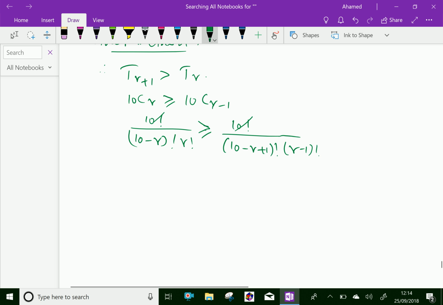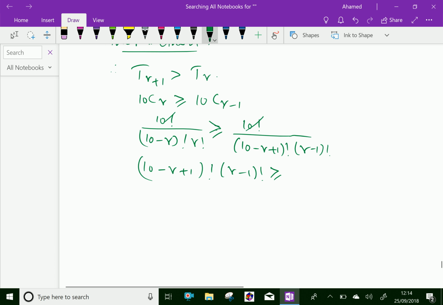Because it is in the denominator, the greater or equal sign is inverted, giving (10 minus r) factorial into r factorial on the other side.